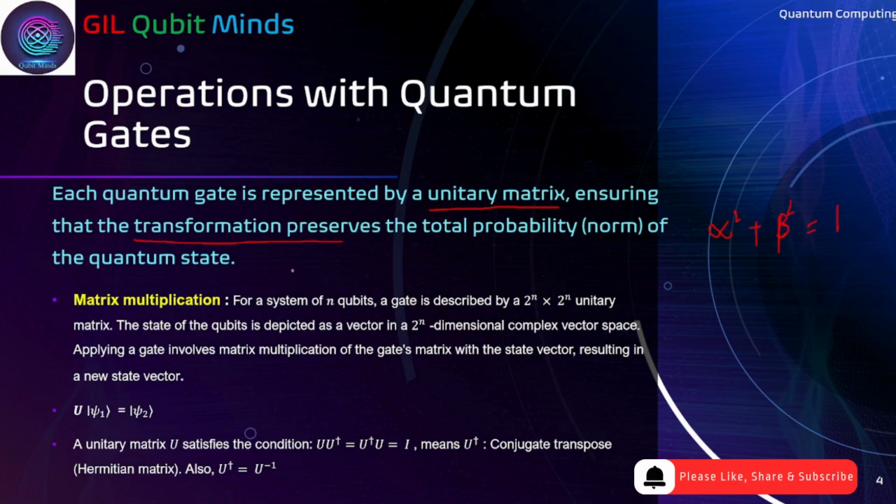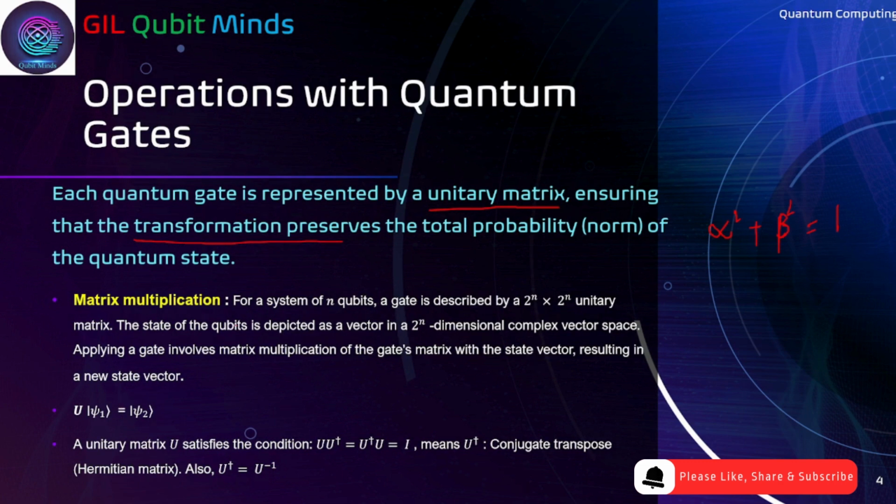Suppose this is phi 1. If we multiply this with a unitary matrix, each gate represents a different unitary matrix. So Pauli X gate, Pauli Y gate, all the matrices are different, and if you multiply, we will get another new state as output, or we can call it a new state vector.